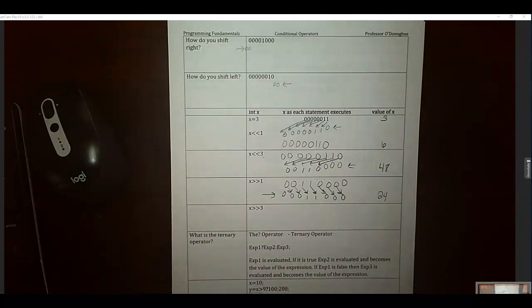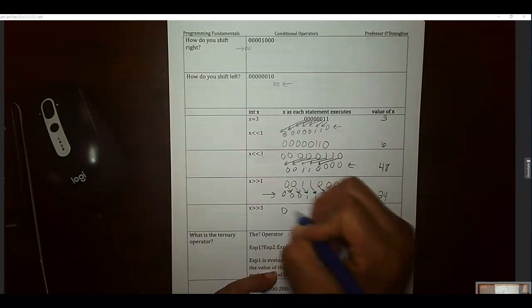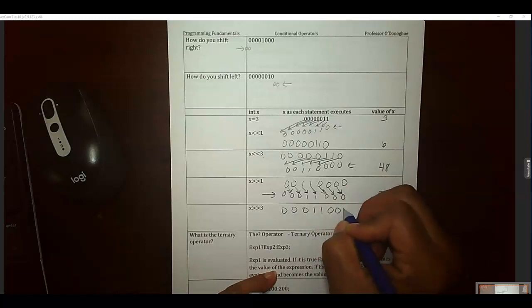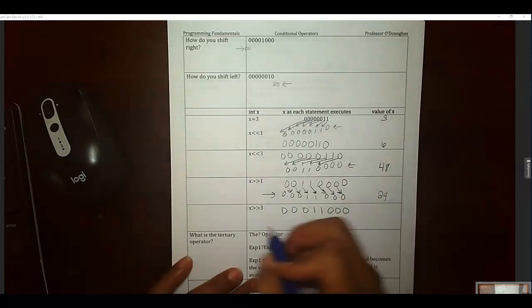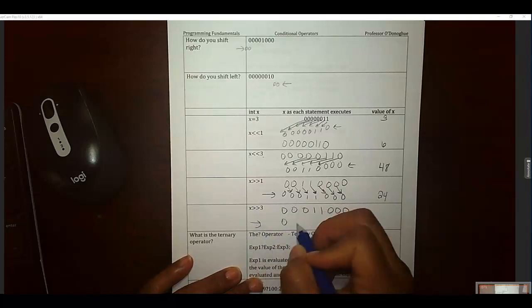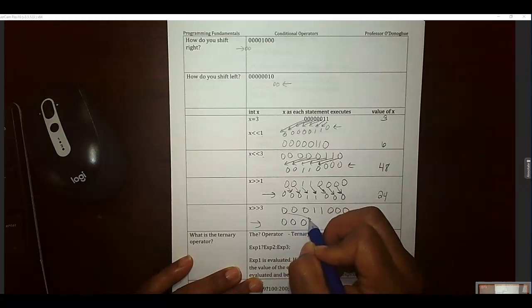All right, and now let's shift the same number to the right by 3. We're shifting to the right, so we're adding zeros. We're adding 3 zeros. 1, 2, 3, and now let's start shifting.